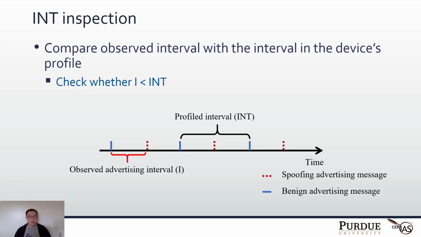If the observed interval is smaller, it means there are spoofing advertising messages, because the interval in the profile is the lower bound of the device advertising interval. Please check our paper to find how we get this value during profiling.